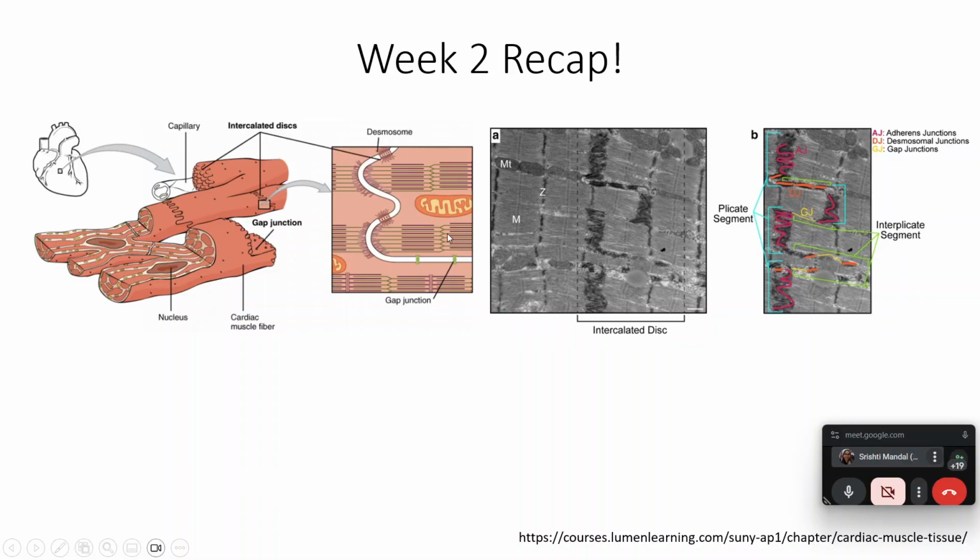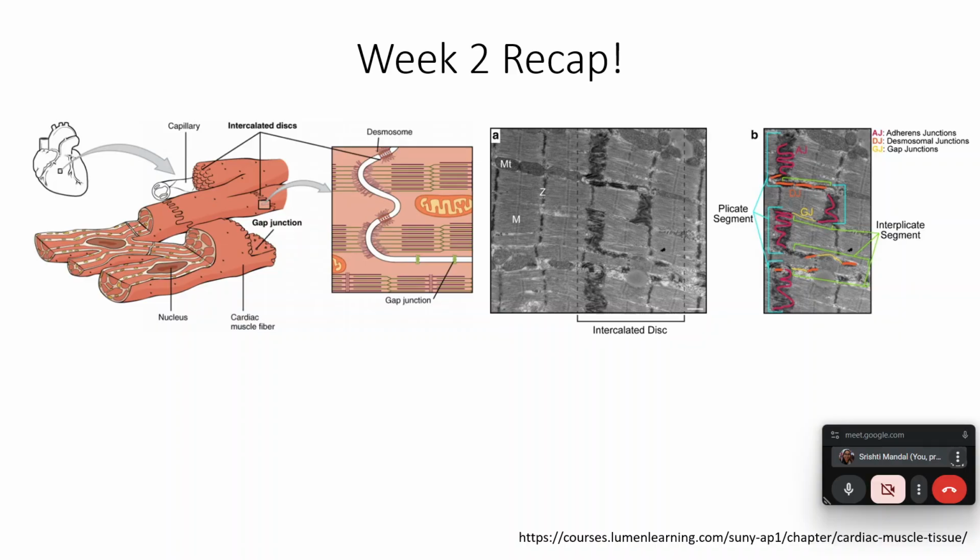And we also learned about how the T tubules are larger and more developed in the case of cardiac muscles because the sarcoplasmic reticulum is less developed. A lot of extracellular calcium is important when it comes to cardiac muscle rhythmicity.